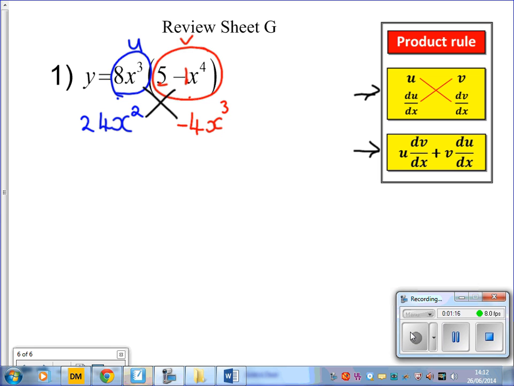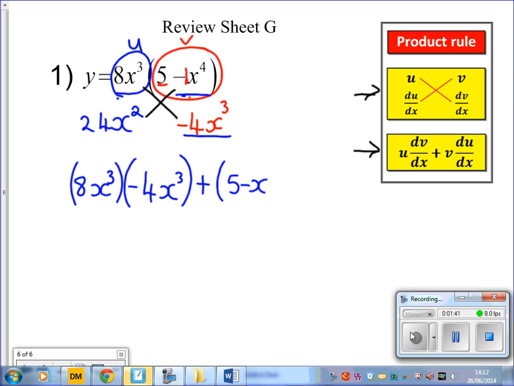So to start with, I've got u, which is 8x to the power of 3, times by dv dx, so times by minus 4x cubed plus, just here, 5 minus x to the power of 4, times by du dx, which is here, 24x squared. So that will give me dy dx.